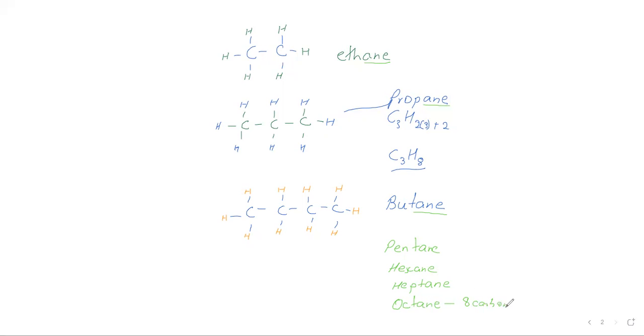Octa for 8, these are 7 carbons. These are 6 carbons. On the long chain is 5 carbons. On the parent chain there.